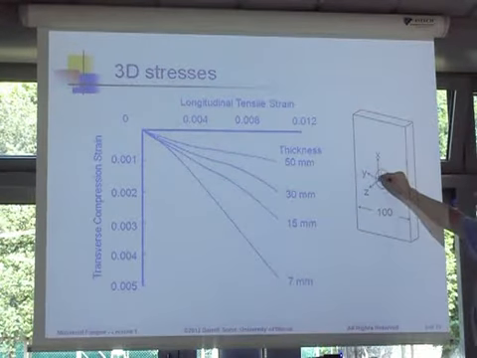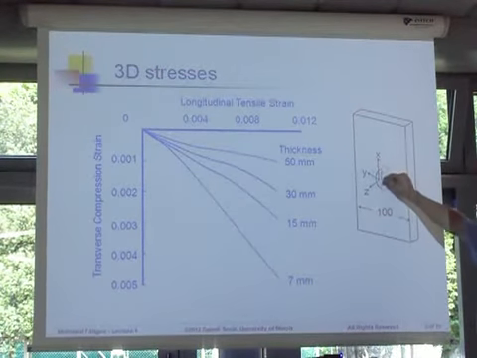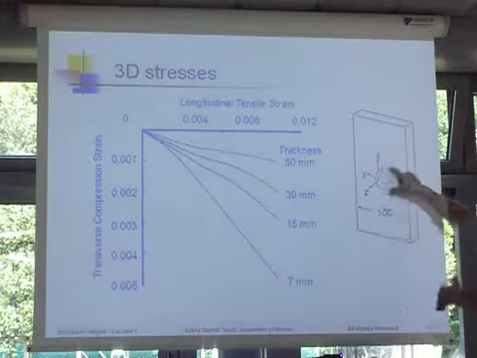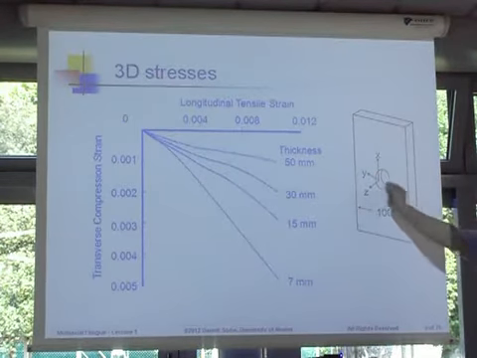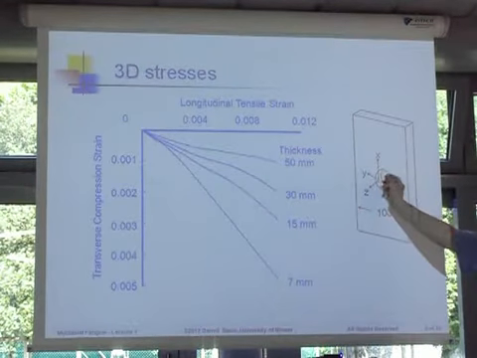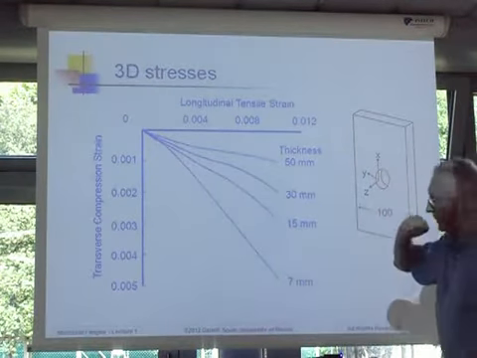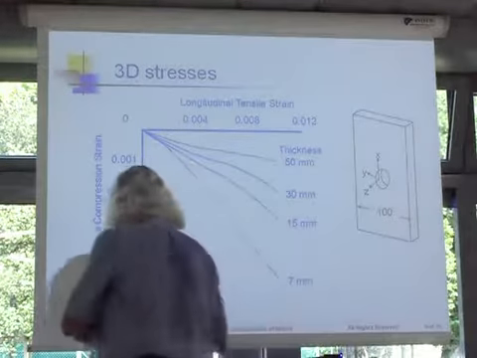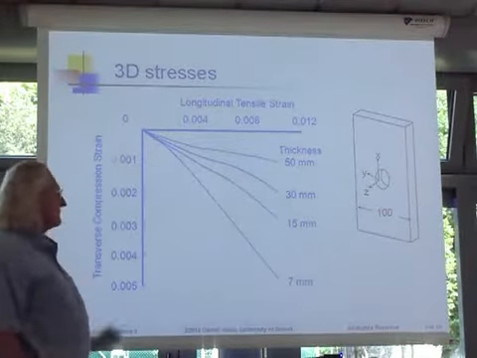I can measure the strain in the X direction, the tension strain from pulling on this plate, and I can also measure the transverse strains in the Z direction. So here's a plot of those two.